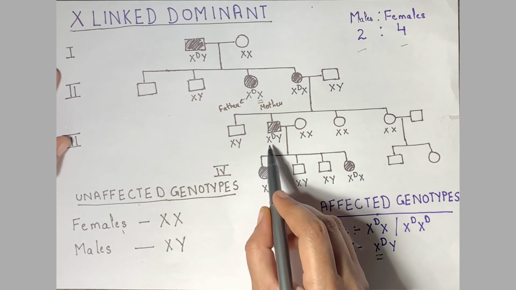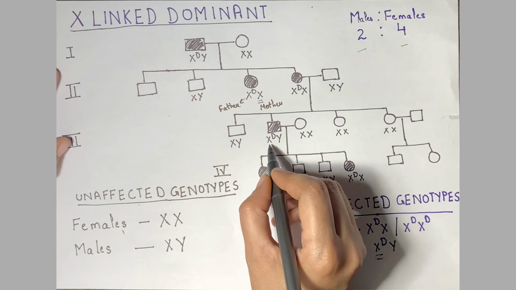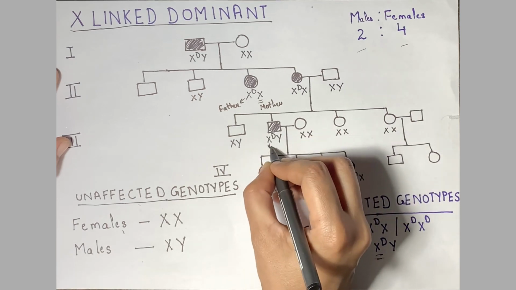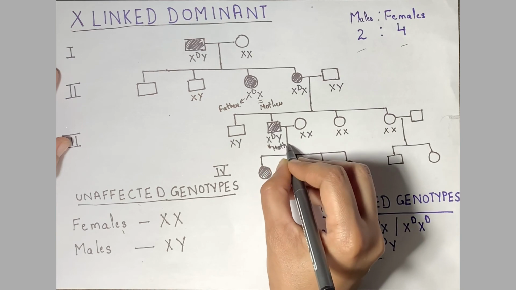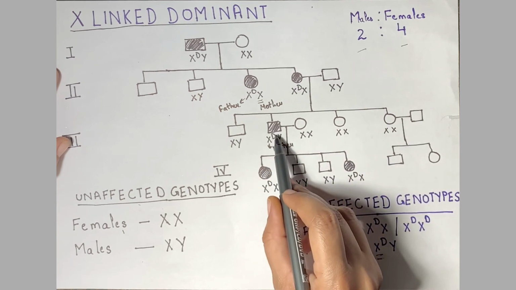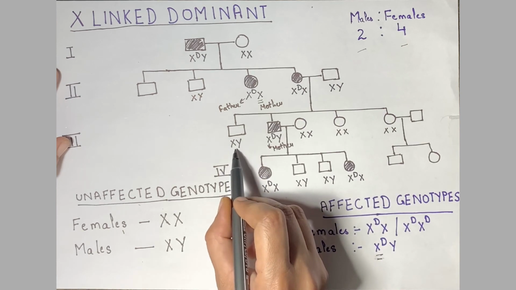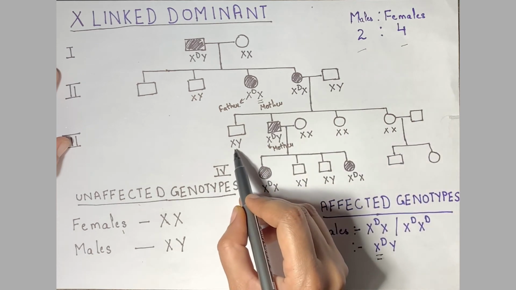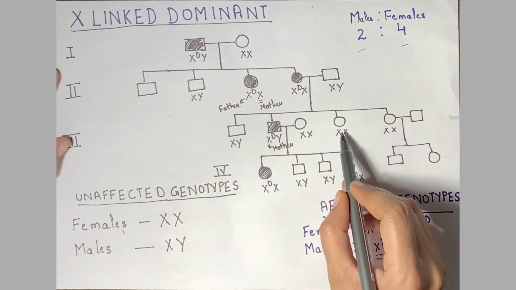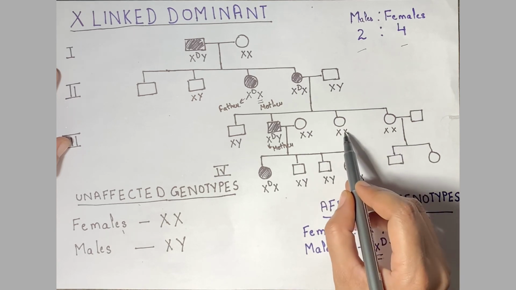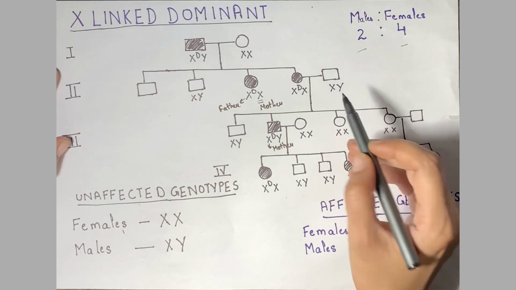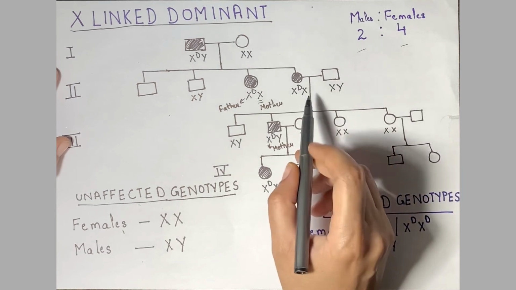This is due to the fact that the affected son has 1 dominant disease allele from the mother, while this other son inherited 1 normal allele from the mother, so he is unaffected. Both his daughters are unaffected because each daughter inherited a normal X chromosome from the father and another normal X chromosome from the mother.